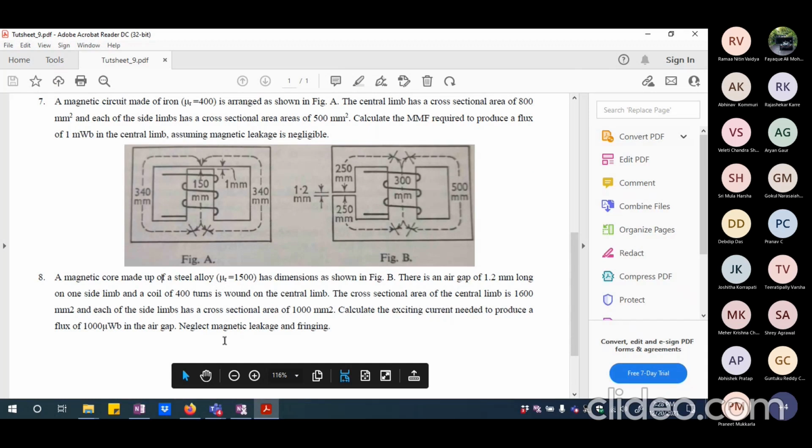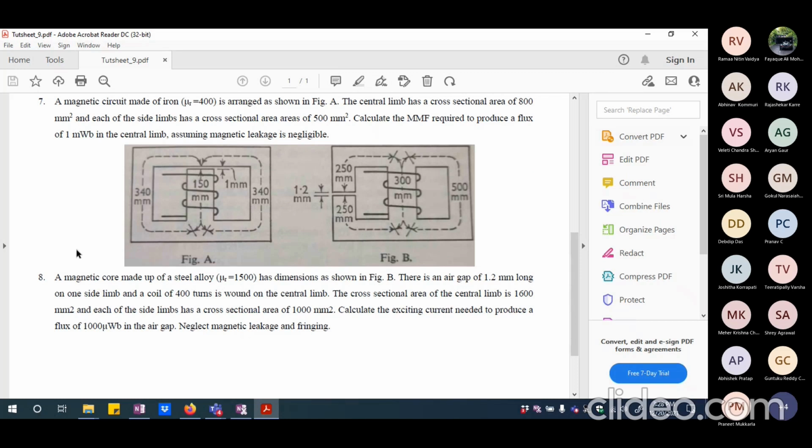The cross-sectional area of the central limb is 1600 mm square and each of the side limbs is 1000 mm square. Calculate the exciting current needed to produce a flux of 1000 microweber in the air gap. That is what is being given.